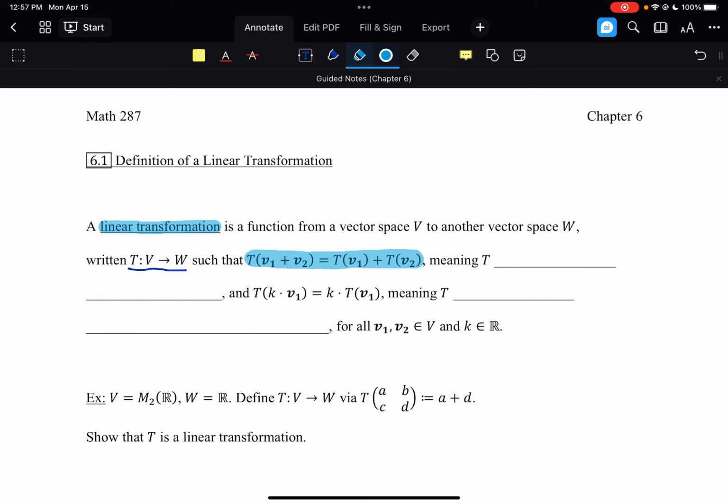So the transformation of the sum is equal to the sum of the transformations. What we say is that T, the transformation, respects addition.